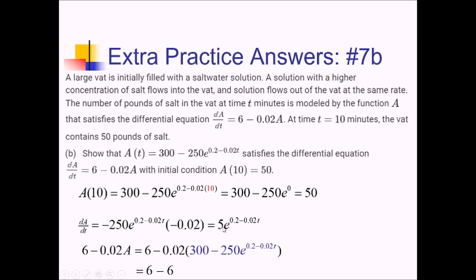It came out to 5e to all that stuff. So we're doing a plus 5e to all that stuff there. These 6's are going to cancel, leaving us with just 5e to the 0.2 minus 0.02t. Since the dA over dt and the 6 minus 0.02A come out to the same thing, we have just shown that this A of t does satisfy our differential equation.